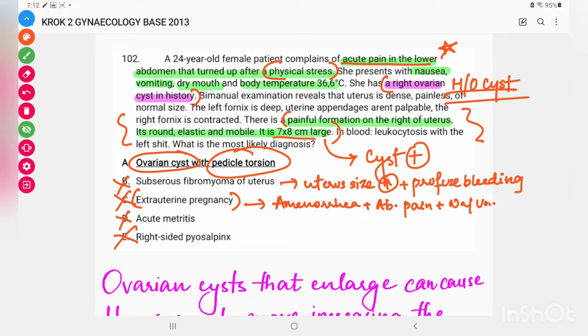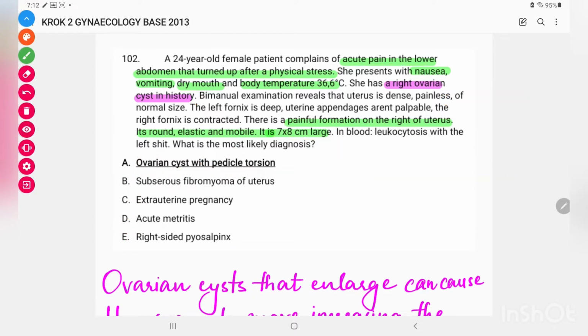This is why she suddenly faced this presentation after a physical stress. It can happen due to sudden weight lifting, maybe because of heavy workout or exercise. Even intense sexual relations can cause pedicle torsion in females who have an ovarian cyst.